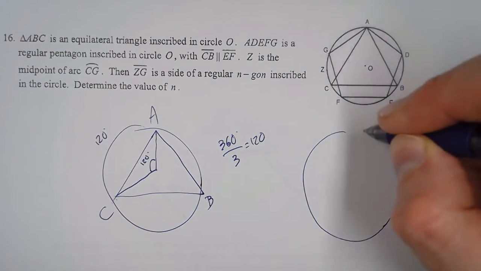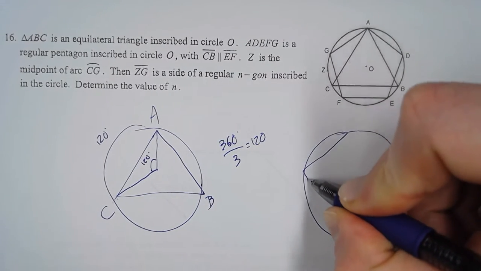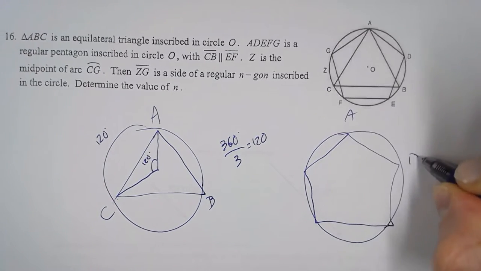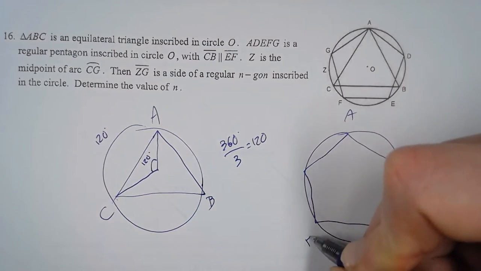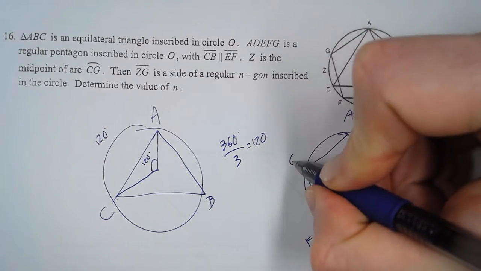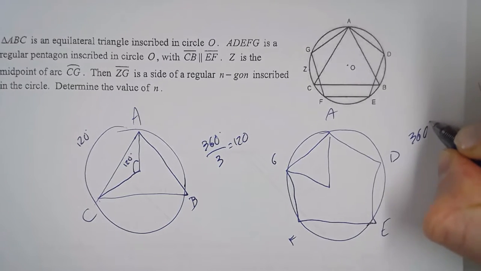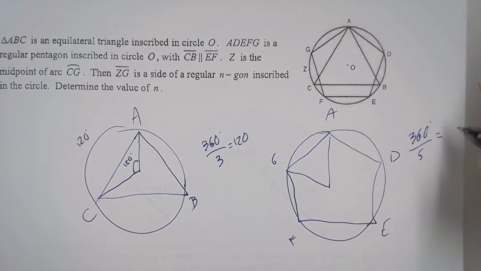If we apply the same thinking to the pentagon, D, E, F, G, we're going to take 360 degrees divided by 5, and when we do that, we get 72 degrees.